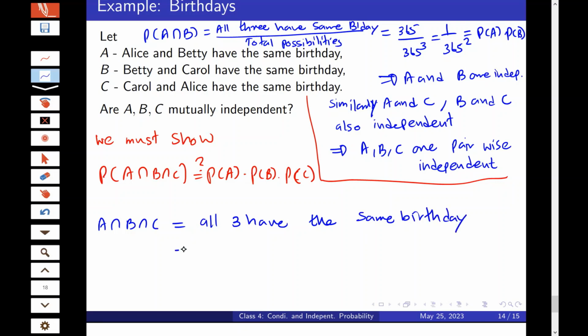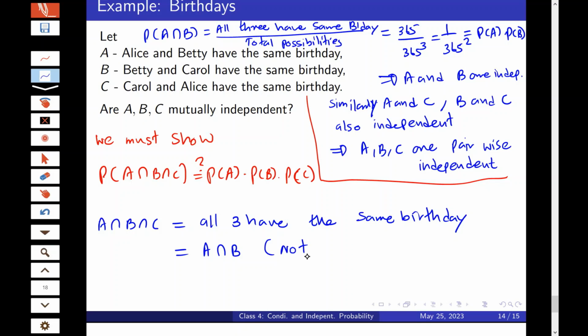So this is the same as A intersection B. This is not true in general, only according to the definition of ABC.